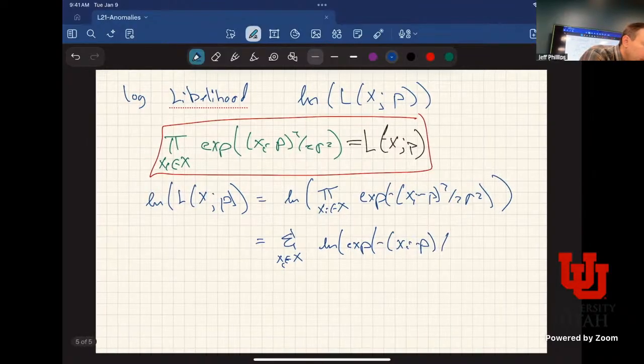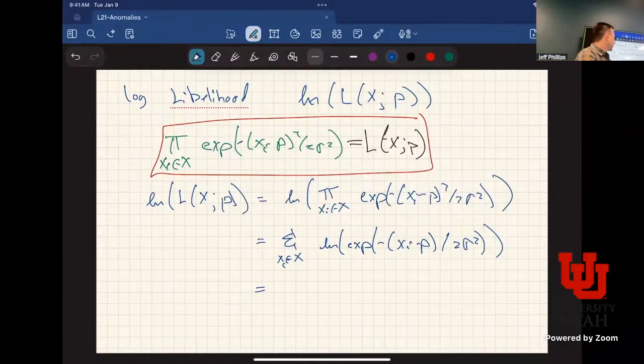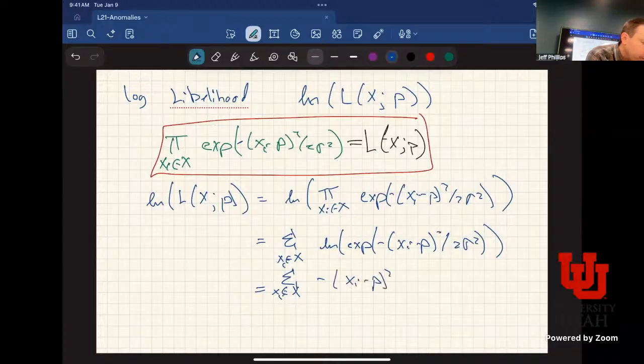Oh, and there was a minus sign in there. Okay, and then the next step is I use the natural log because it's going to cancel with the x. So what's going to come out of here is I'm going to get negative (xi minus P) squared divided by 2 sigma squared, right?